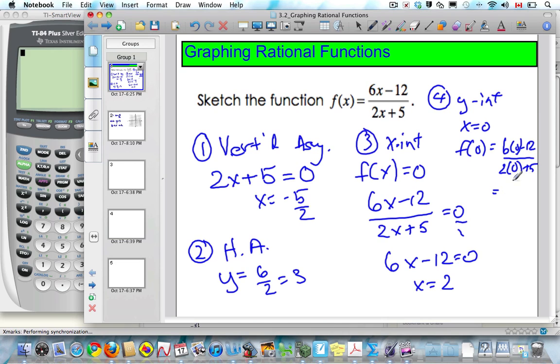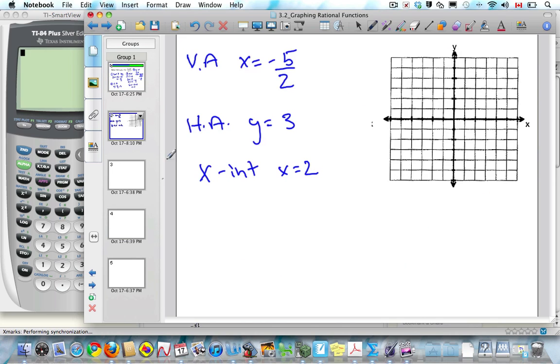If I simplify that, I get negative 12 over 5. That's just a little bit more than negative 2, so it's negative 2.4. So my y-intercept is y equals negative 12 over 5.